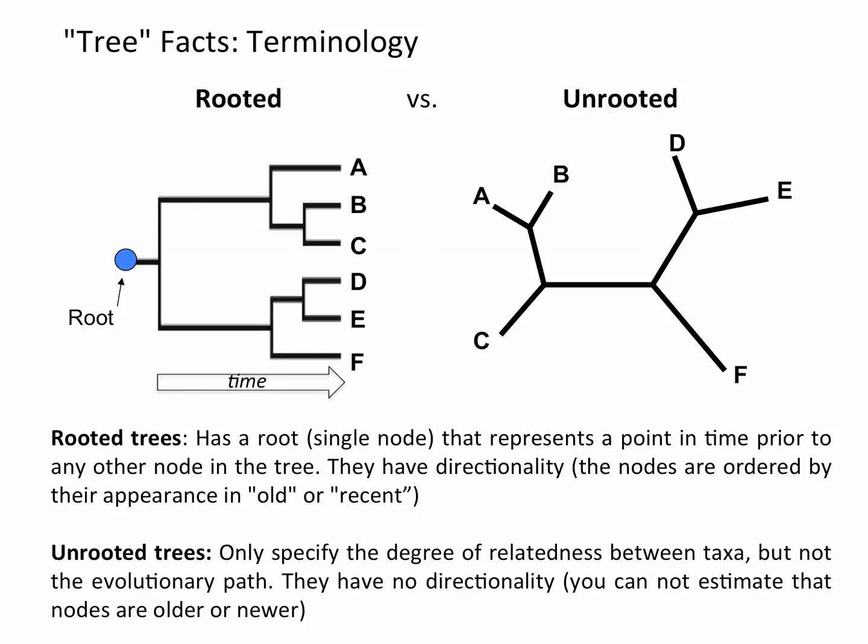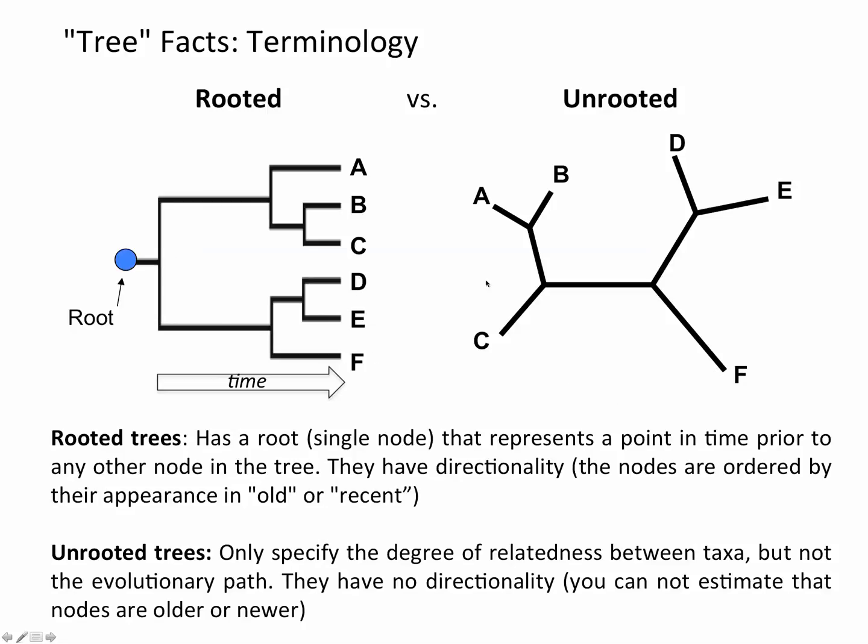Phylogenetic trees could be rooted or unrooted. Rooted trees have a single node that represents a point in time prior to any other node in the tree. They have directionality because their nodes are ordered by their appearance as old or recent.